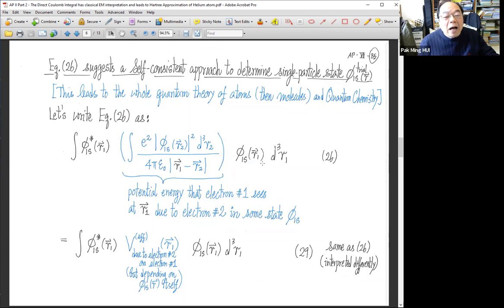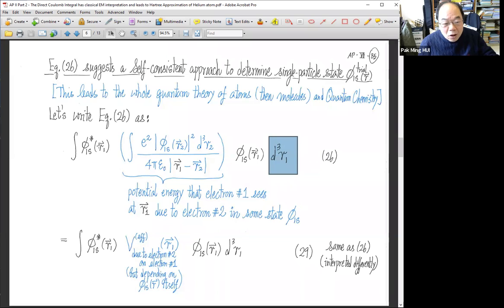Now, I will write it in a slightly different form. I single out the R1 coordinates, one on the left, 1s, one on the right, and then the integral over the first electron's coordinates. Then I realized that it is of the form of an expectation value, right?